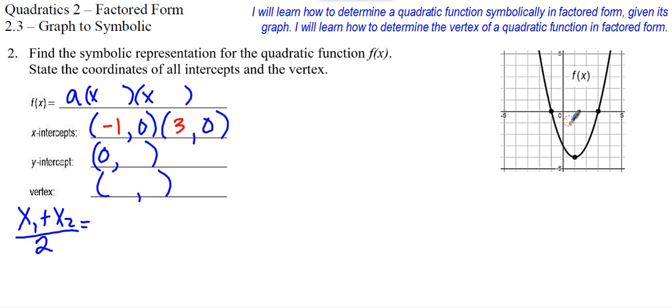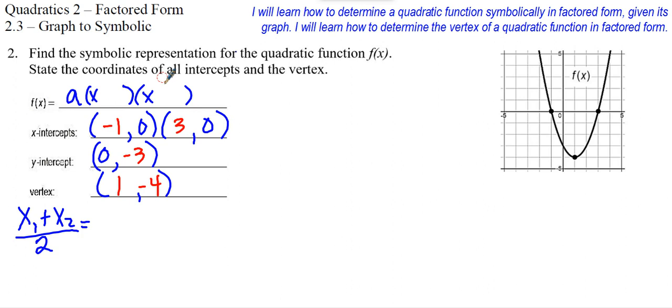What is that? 1, 2, 3. That's negative 3. Correct? That's a negative 3. And then my vertex, I know it's a 1. And it's perfect. 1 comma negative 4. So I don't really have to solve for the vertex here. This is so cool. Okay, then I just needed my a value.